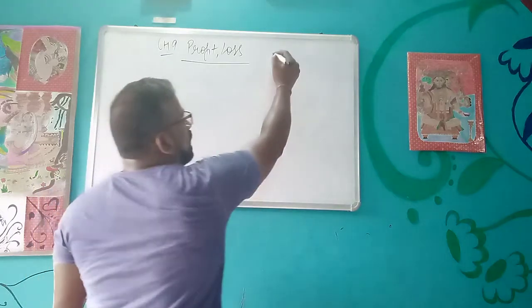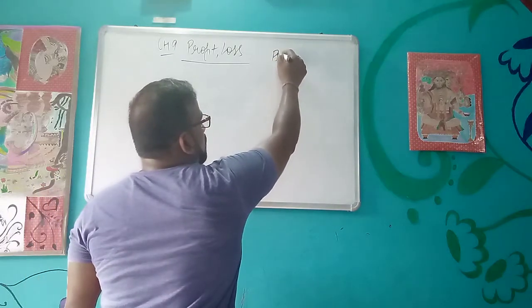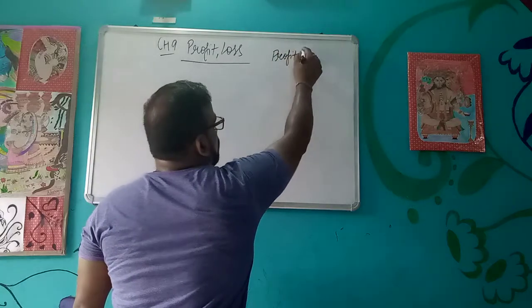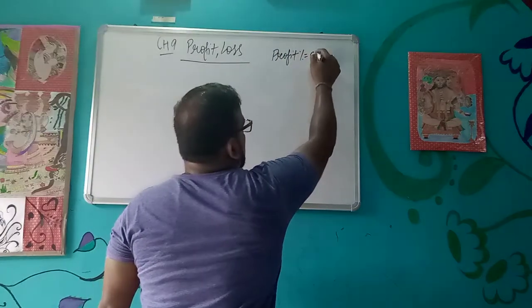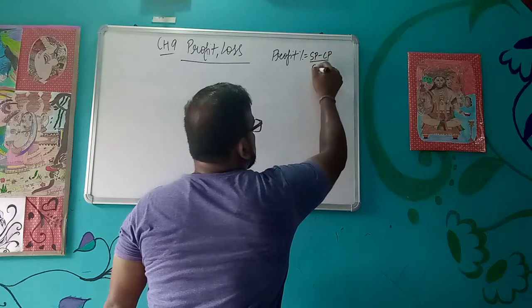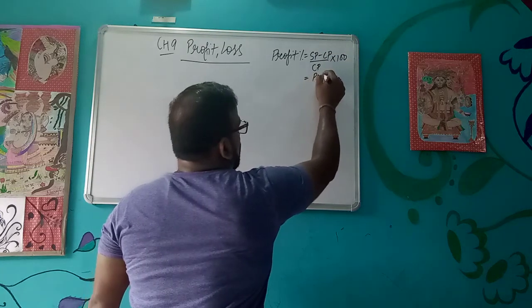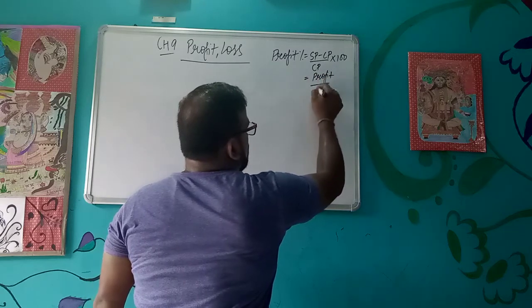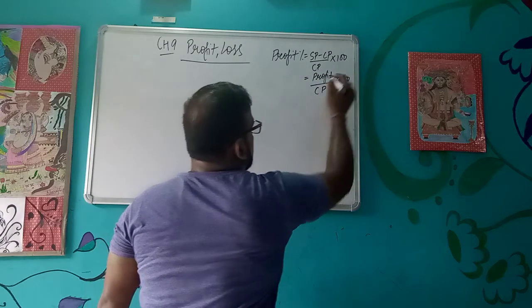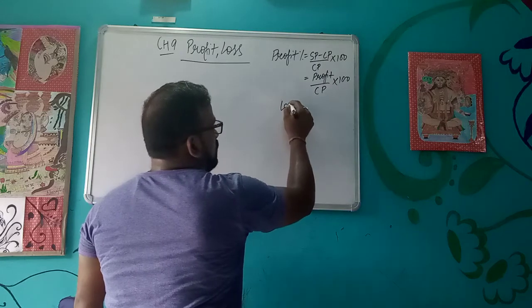Before that, let's review and write the formulas that we will use. Profit percent will be SP minus CP upon CP into 100, or you can write profit upon CP into 100. And what was loss percent?